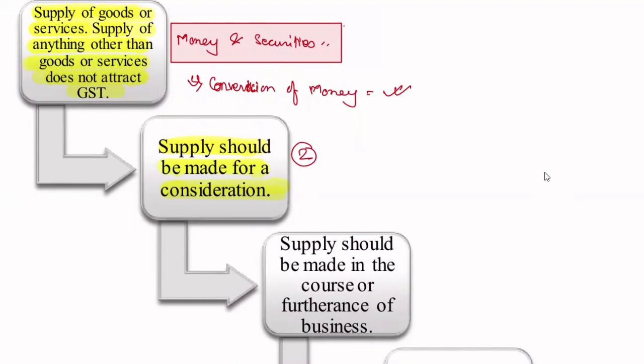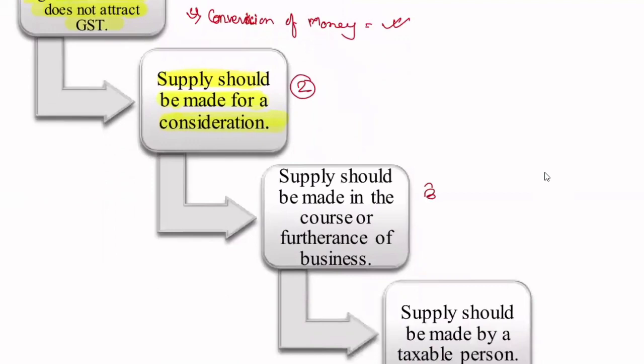Third parameter: supply should be made in the course or furtherance of business. What do they mean to say? Suppose I have a furniture that is 10 years old, and now I'm selling it off.